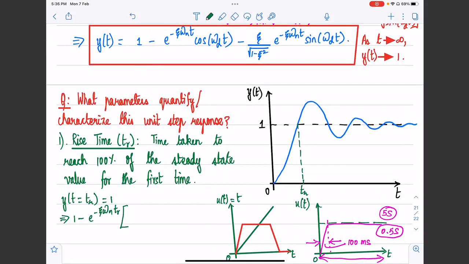As a result, I will have cos omega d tr plus zeta by square root of 1 minus zeta square sine omega d tr, and that should be equal to 1.